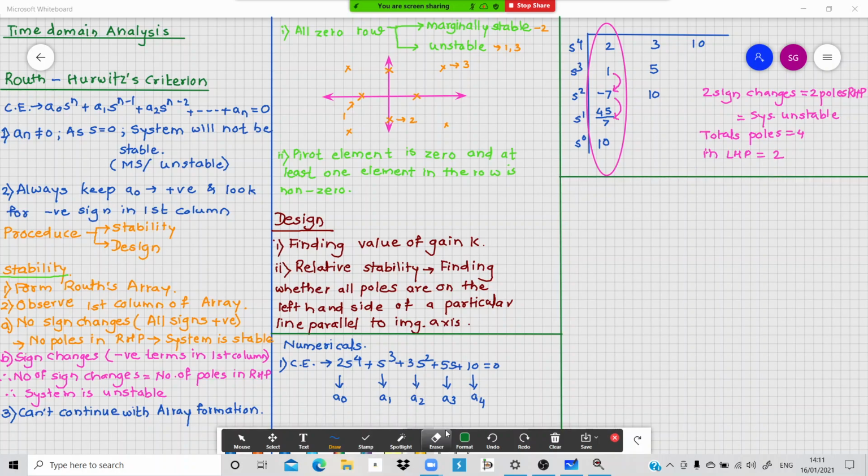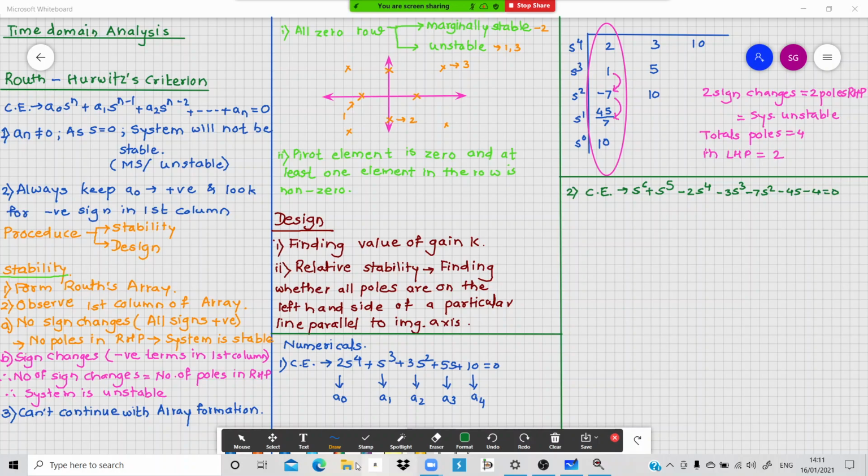Then the second condition. Yes. Now for the second condition, I'll write the characteristic equation and we'll see. s raised to 6 plus s raised to 5 minus 2s raised to 4 minus 3s cube minus 7s square minus 4s minus 4 is equal to 0.